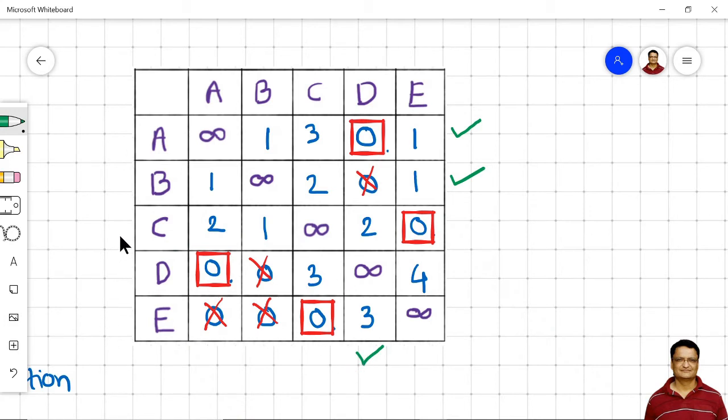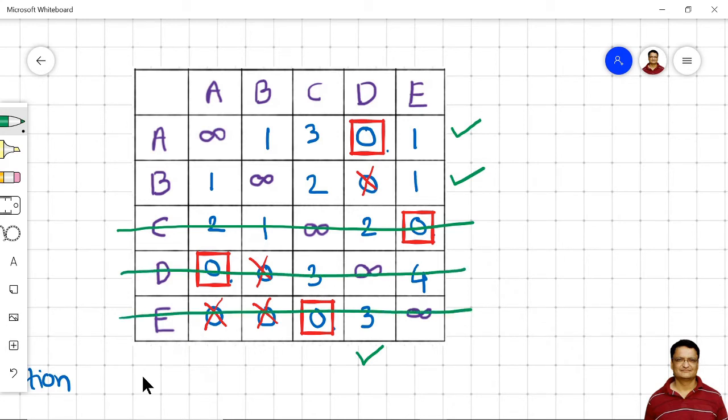Draw lines through all the unmarked rows. We have 3 unmarked rows, so rows C, D and E, and draw a line through the marked column. So we have got these 1, 2, 3 and 4 lines which are covering all the zeros.